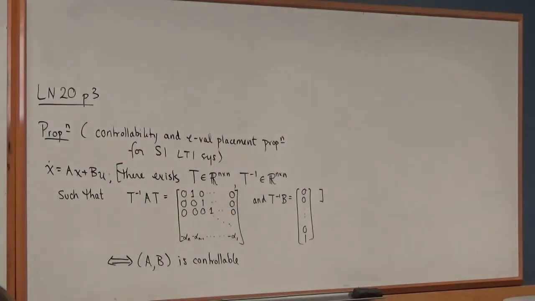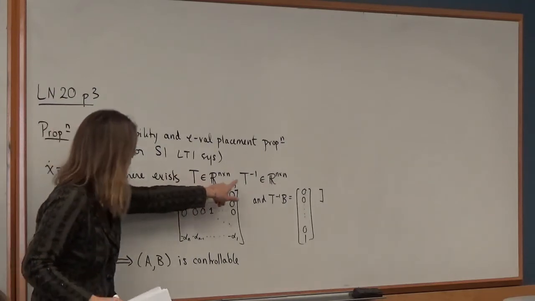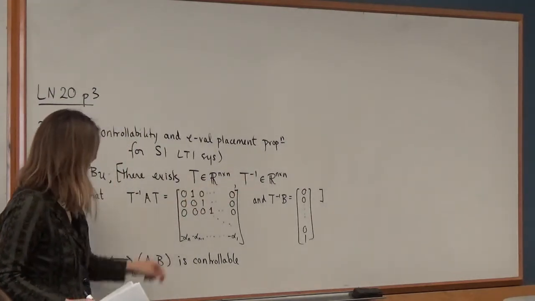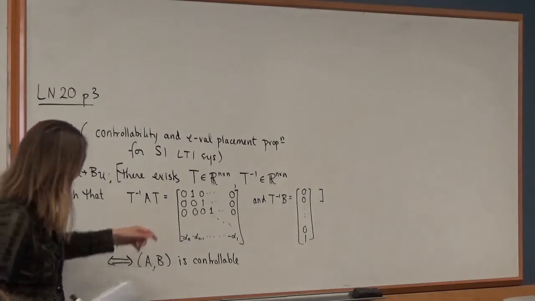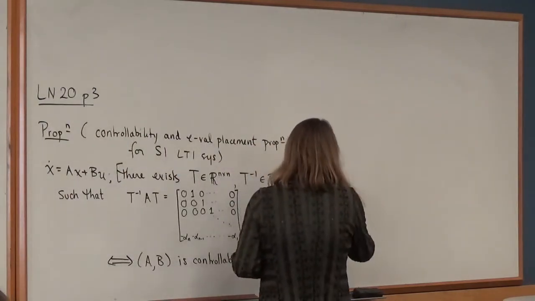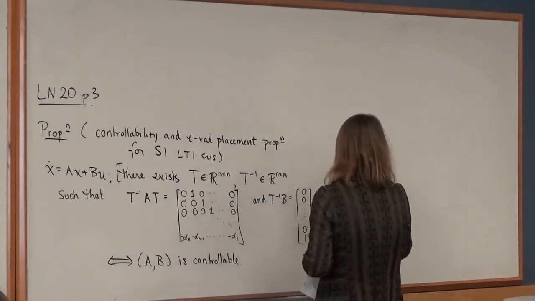We use those synonymously, so we can do either rank test we want. But if you're given a system A, B which is controllable, then you can prove that there exists a transformation which takes the system to this form, and that form is called controllable canonical form.